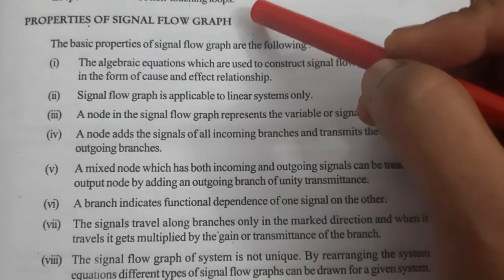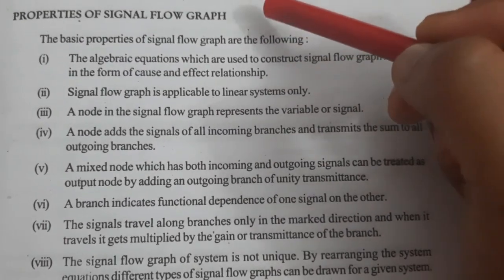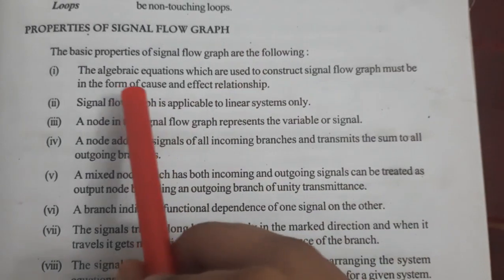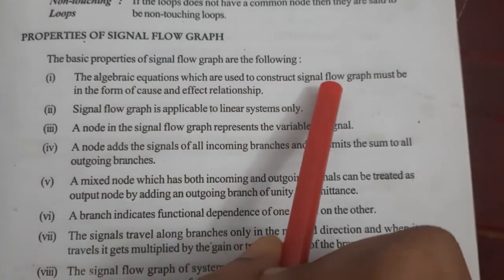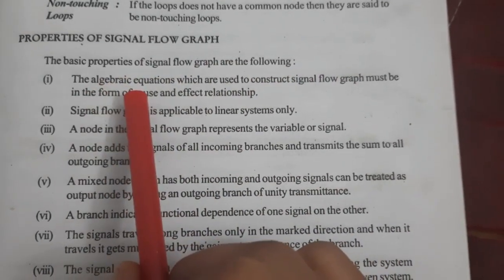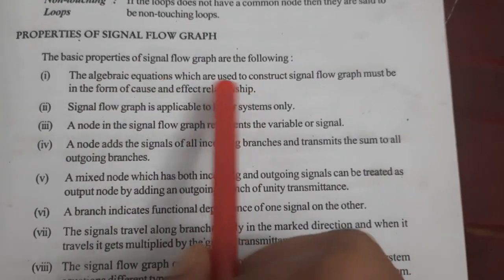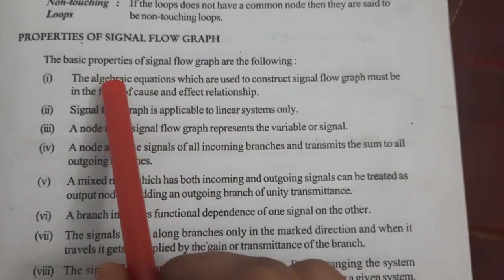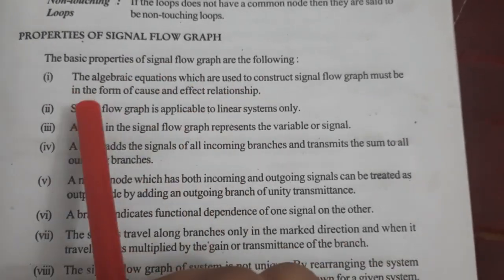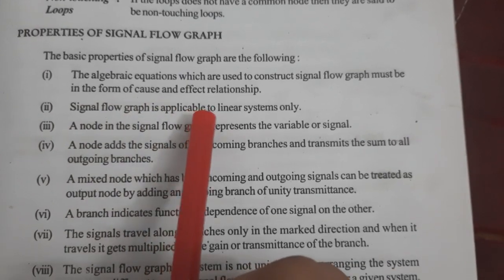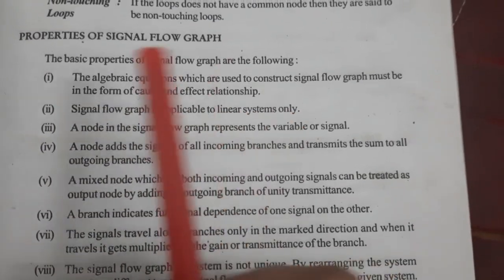Next one is the basic properties of the signal flow graph. First property: the algebraic equations used to construct a signal flow graph must be in the form of cause and effect relationship. This means the effect in any part of the control system affects another part of the control system. Signal flow graph is applicable to linear systems only.